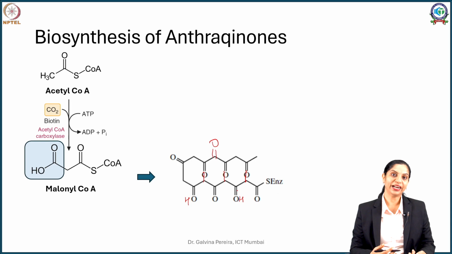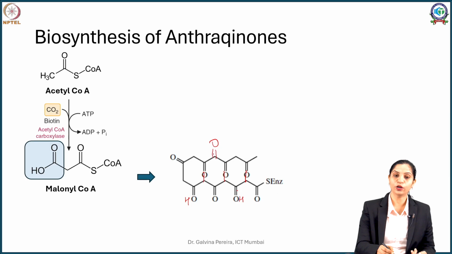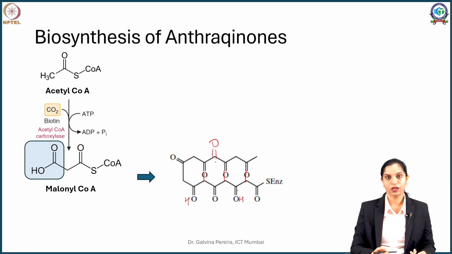This polyketide product gets partially reduced to cyclize into a tricyclic system for biosynthesis of anthraquinones, and this tricyclic system further undergoes reduction to form what are called hydroxyanthraquinones. Not only that, it might undergo oxidation to form 9,10 anthraquinone derivatives.